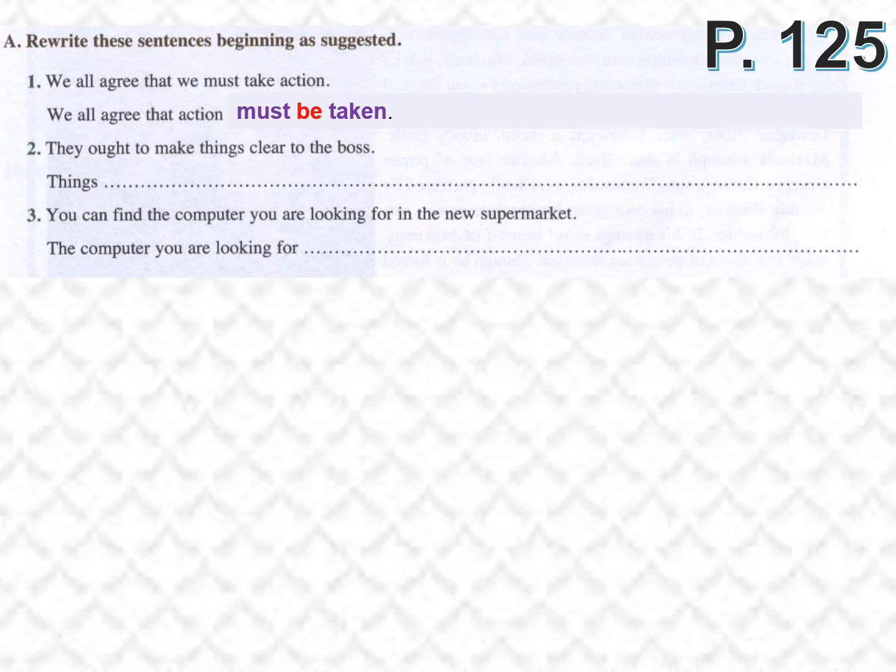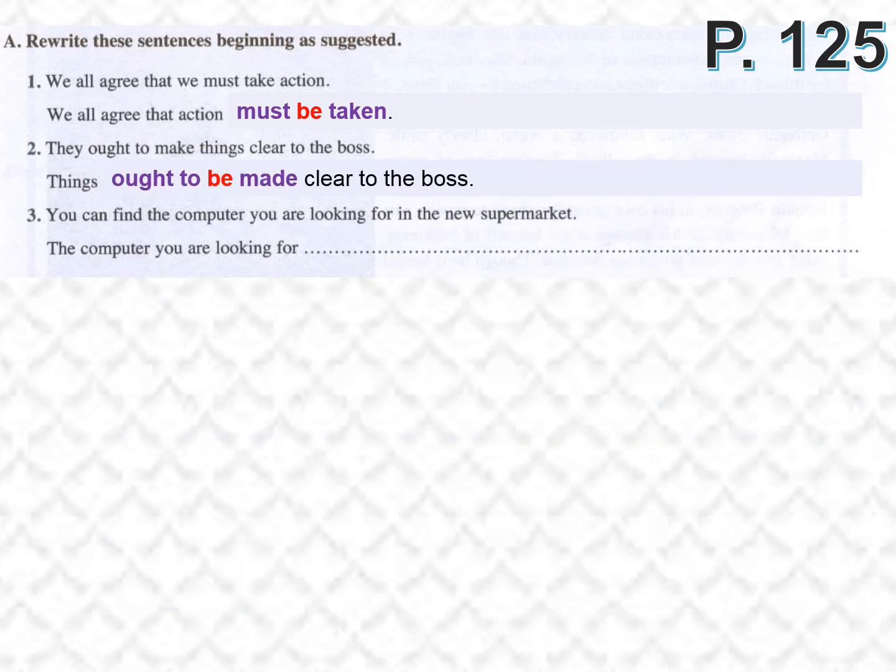Number 2, they ought to make things clear to the boss. So the modal is ought to plus be, and the verb make in the participle is made. So things ought to be made clear to the boss.